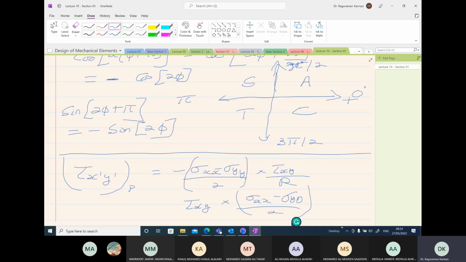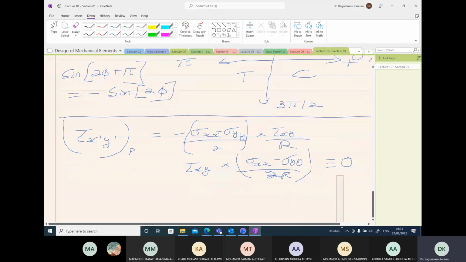Divided by r, so in the denominator we will also have r. So we can see these two terms cancel each other and we get identically equal to 0.